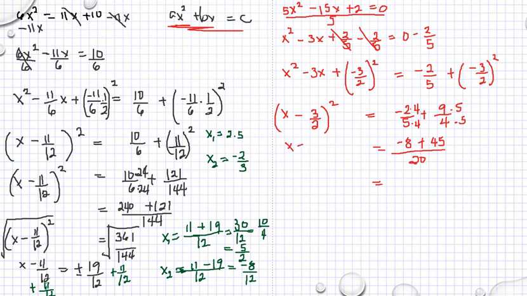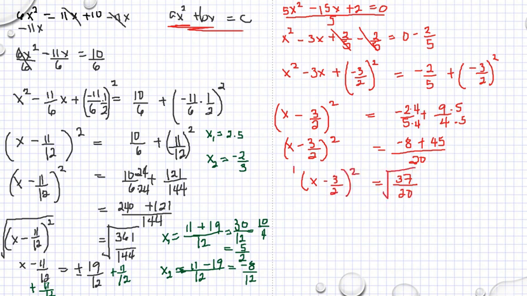Then we have x minus 3/2 squared. 45 minus 8 is 37 over 20. And on the left hand side is x minus 3/2 squared.